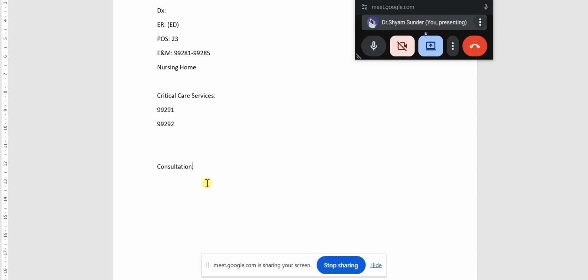I'll use a very simple example. We have a general practitioner, a general medicine physician, who can look at any type of case, right? Now he has a patient with chest pain.